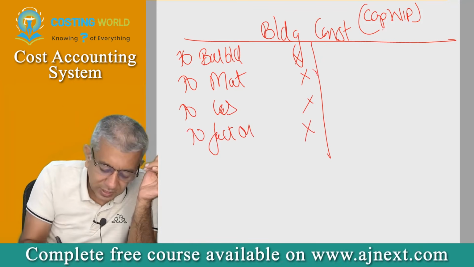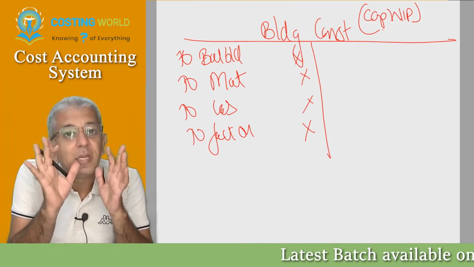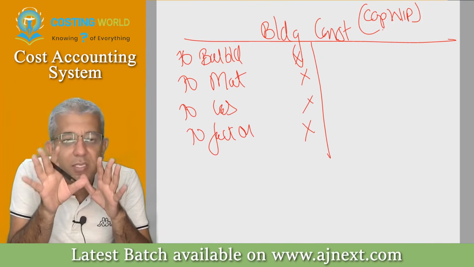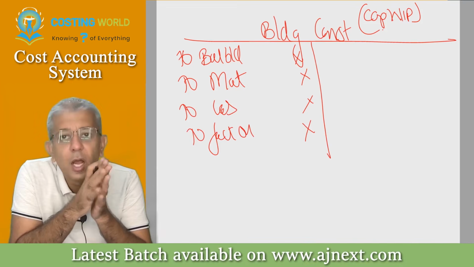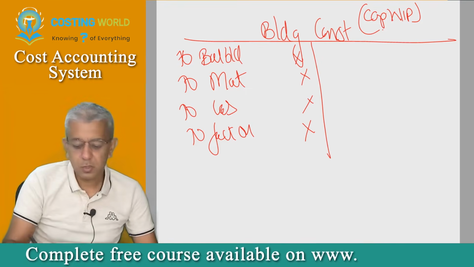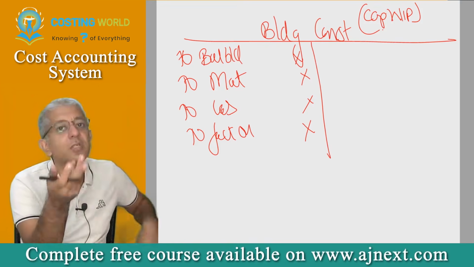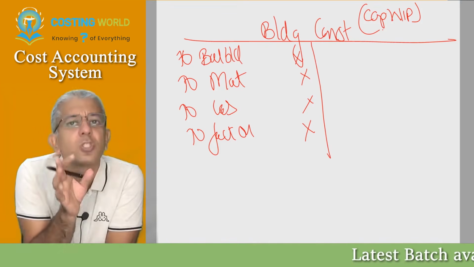If after incurring all these amounts in this year the building is complete, it will become your fixed asset. So now this account is not required. But why is this account required in any case? It is required for cost control.